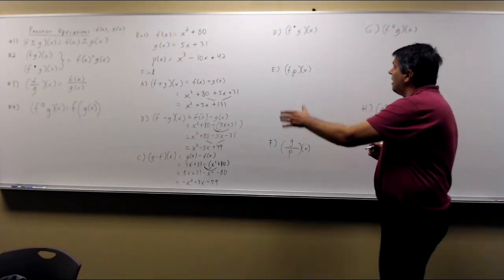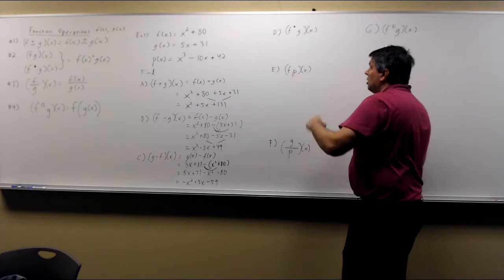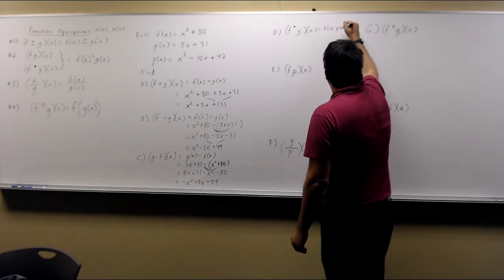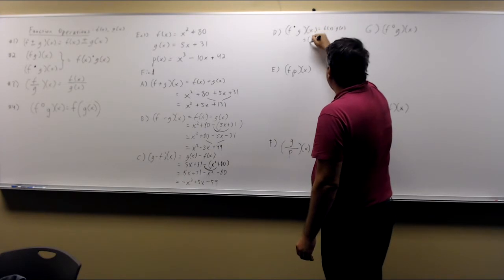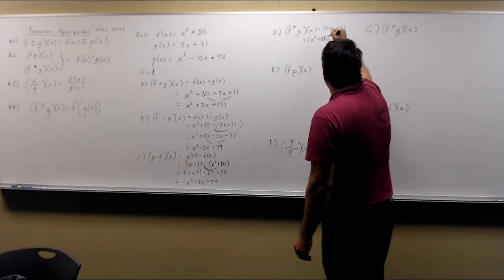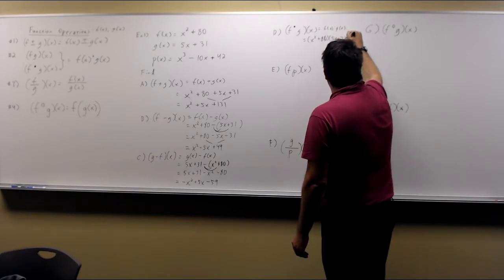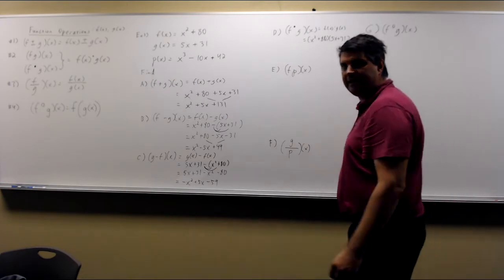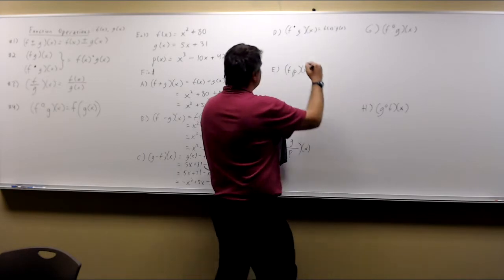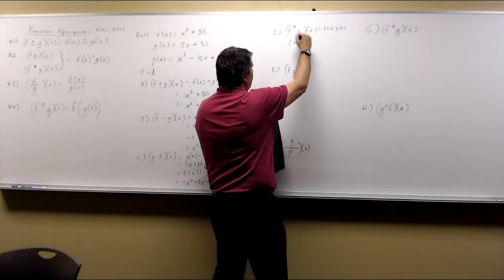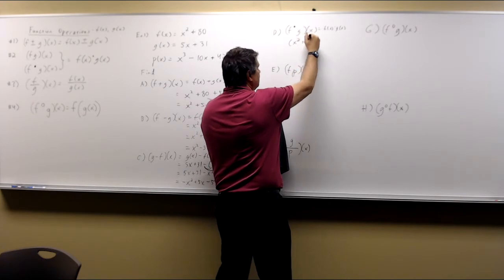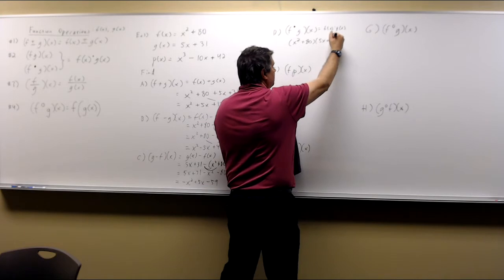All right, this is f times g of x. So this is f of x times g of x. So I'll simply multiply x squared plus 80 times 5x plus 31. Okay, I'm going to write that bigger because it looks like there's plenty of room. So that'll be x squared plus 80 times 5x plus 31.